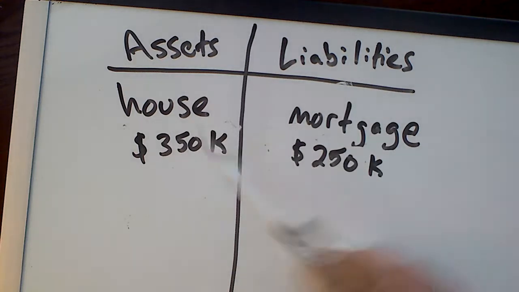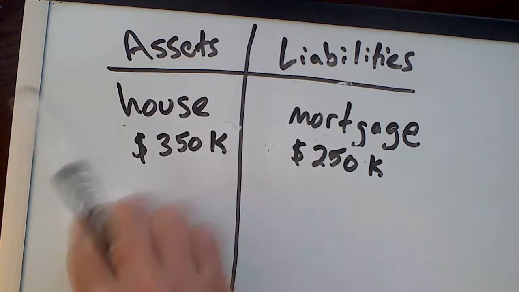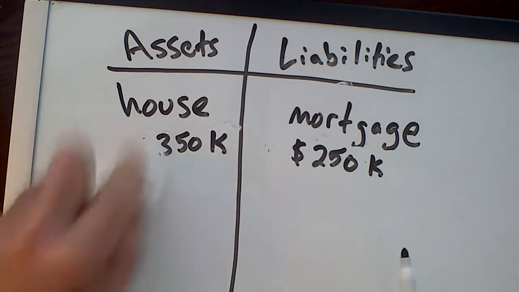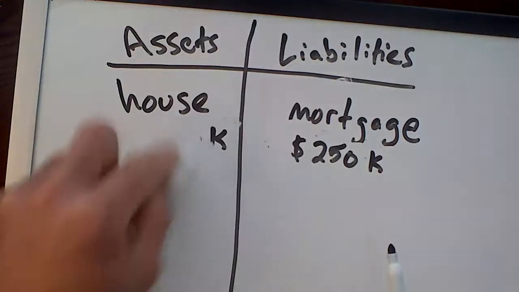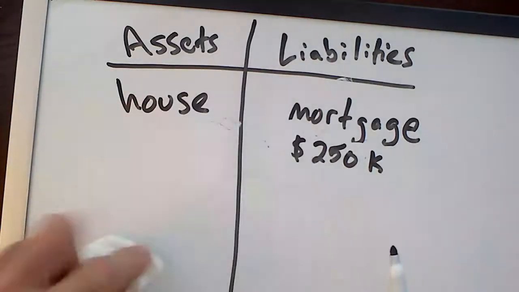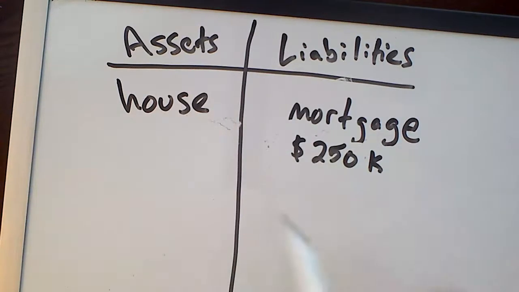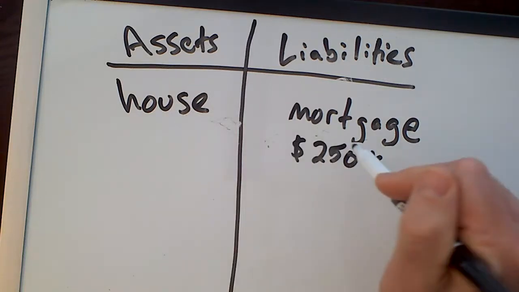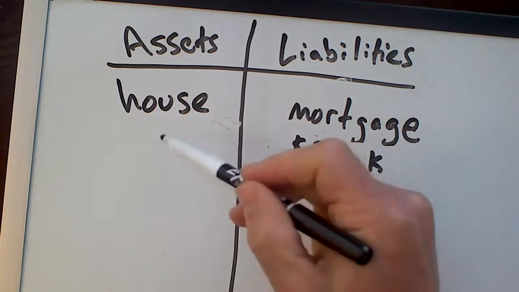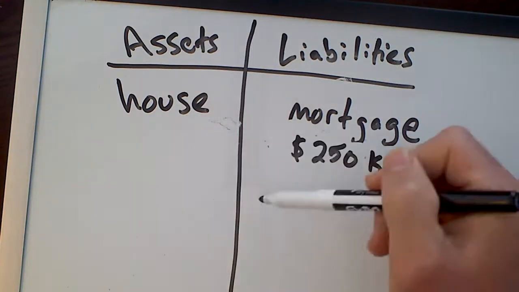If we look at recessions, or just when personal tragedy strikes, sometimes people have medical expenses, or they are unable to work for some reason. It's possible that people end up in a situation where their assets are smaller than their liabilities.